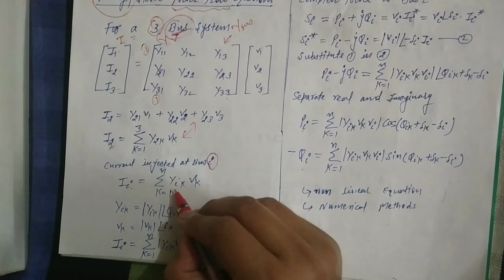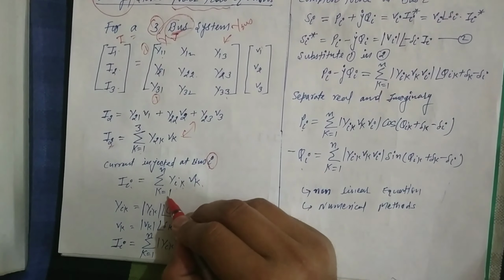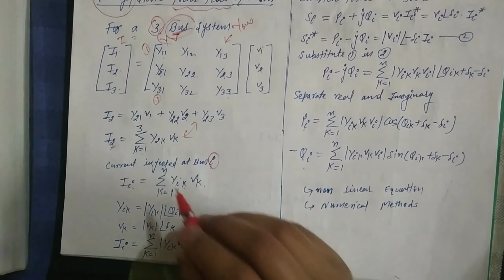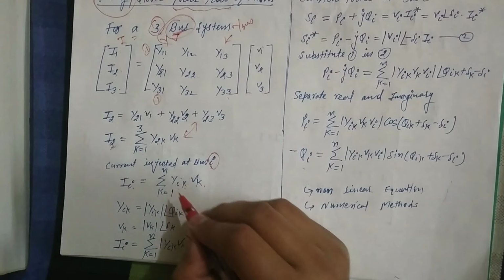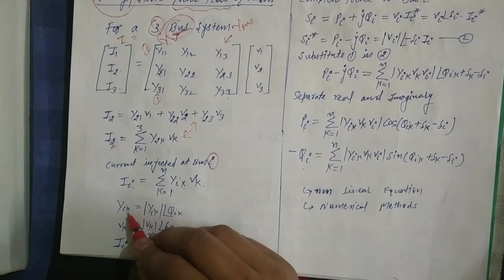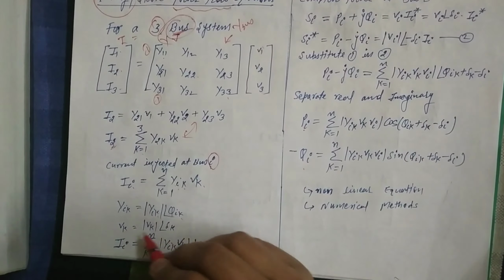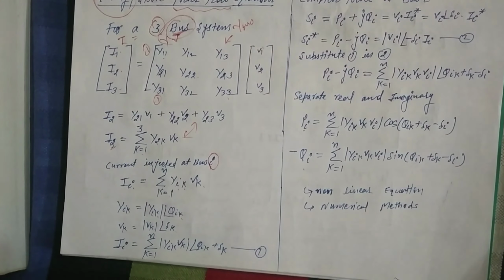Yik Vk. K will move in the same way, 1, 2, 3, 4, 5 up to n, and i is the bus number. Yik is the magnitude and its angle, and Vk is the voltage and its angle.